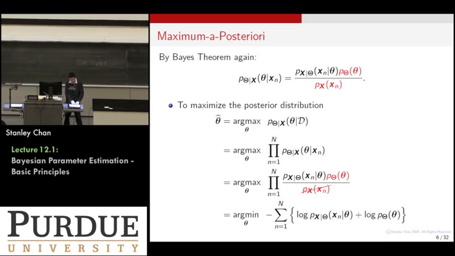Then you can see that this posterior, according to the Bayes theorem, you can write it in terms of this ratio. And look at this, the denominator only contains x, and the x has nothing to do with your optimization variable, so you can ignore that. That won't change the optimizer.